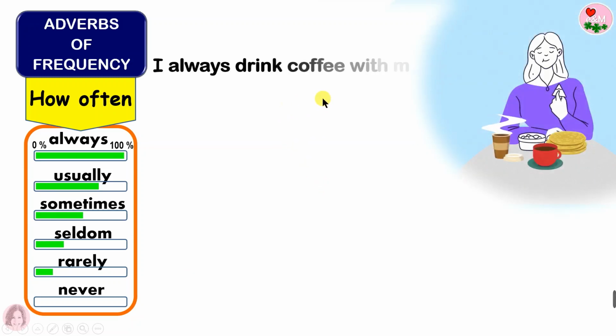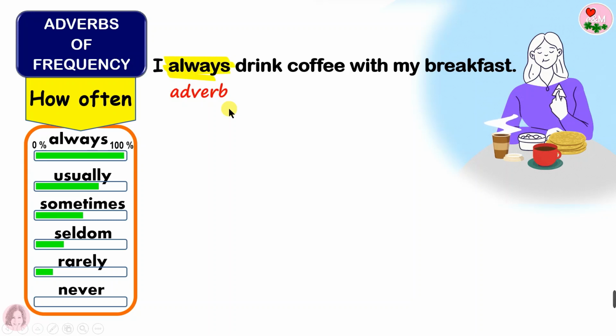I always drink coffee with my breakfast. Here, the adverb of frequency is always, and it's telling about the amount of time spent doing the verb, which is drink. The adverb answers the question, how often do you drink coffee?